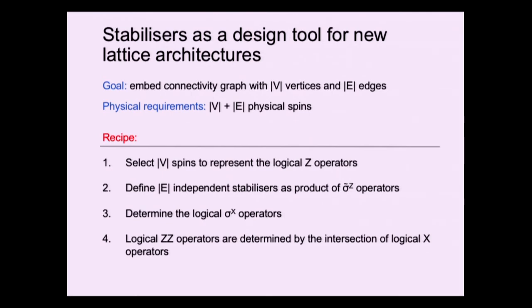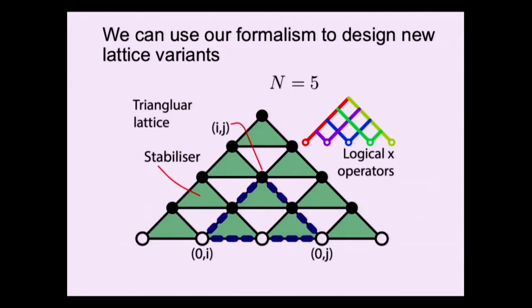So what's the recipe? We start with V spins that represent the logical spins. Then we define E independent stabilizers. We determine the logical X, and finally the logical Z, so what we have done before. In this way, we can obtain the following funky architectures.